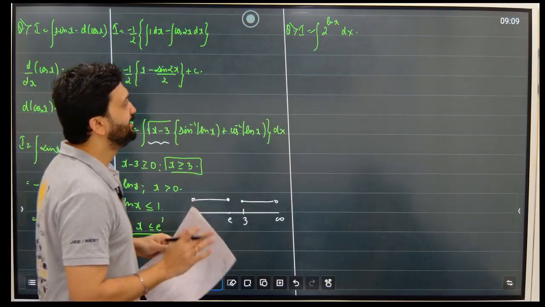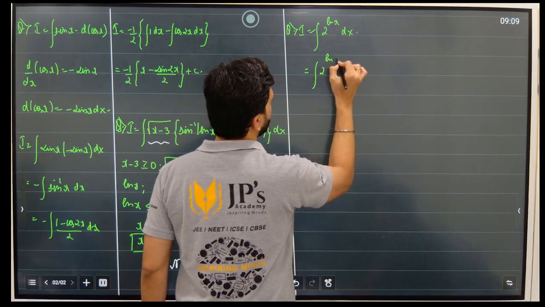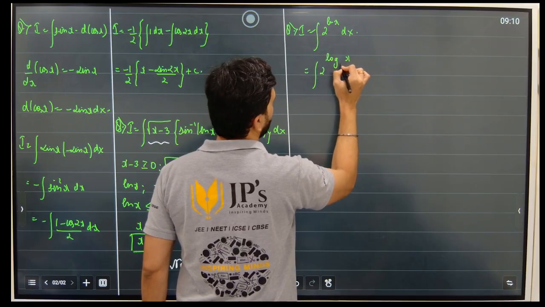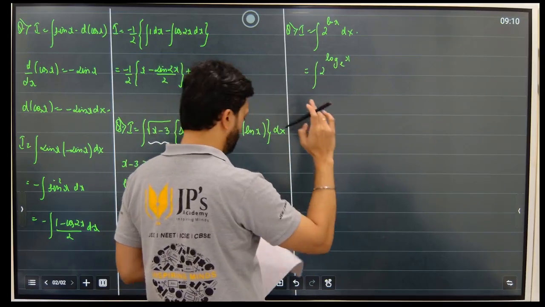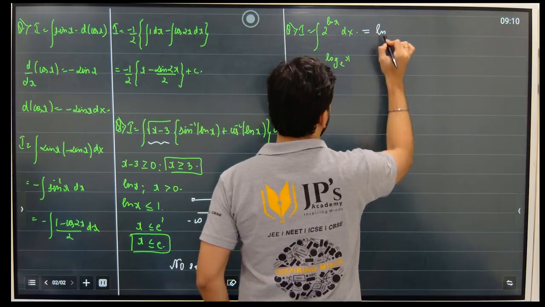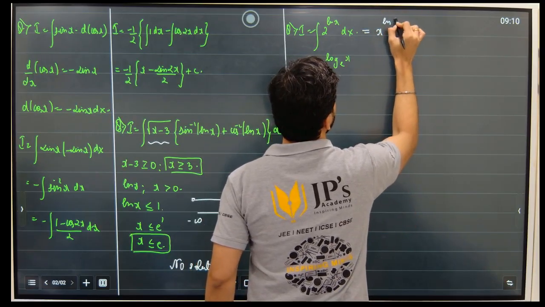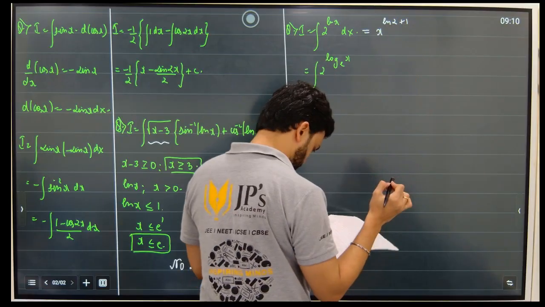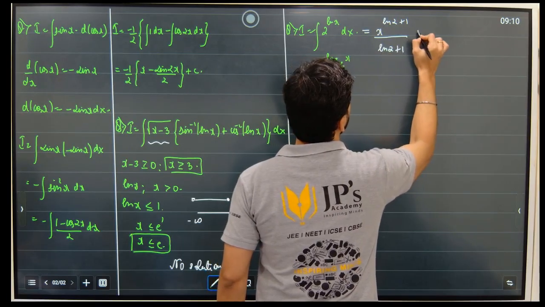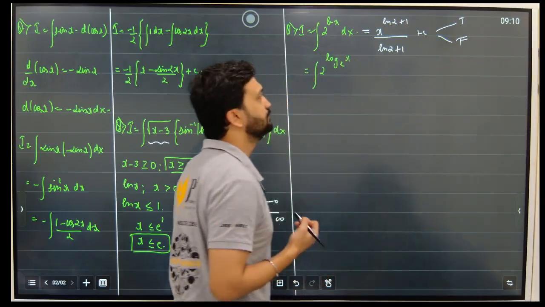Now I'll write it as 2 raised to log x to the base e. Okay, this is the question. The given answer is x raised to (ln 2 plus 1) upon (ln 2 plus 1) plus c. Is it true or false? This is the question.